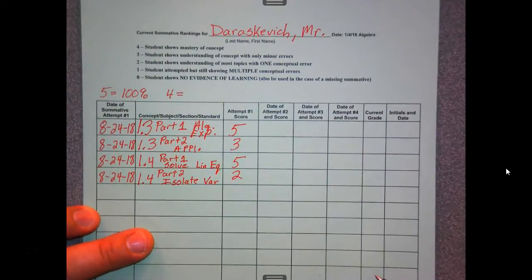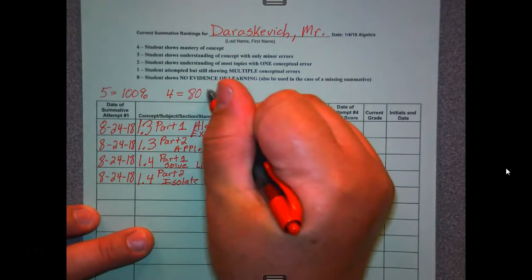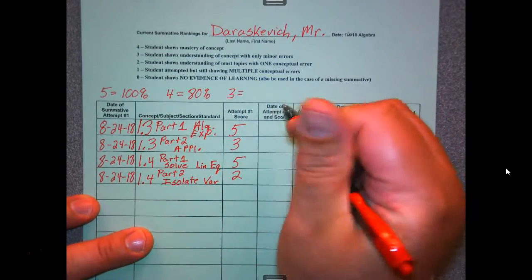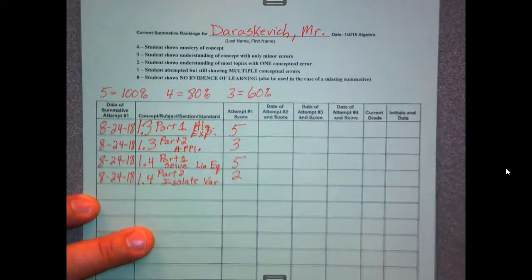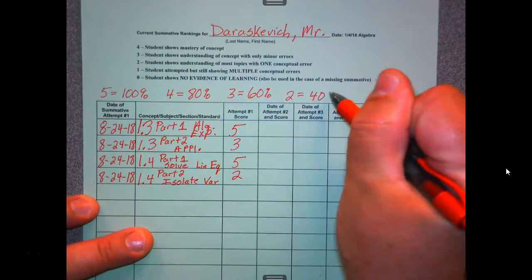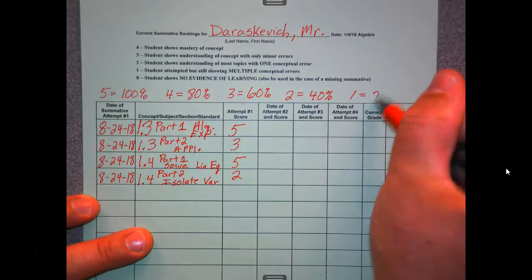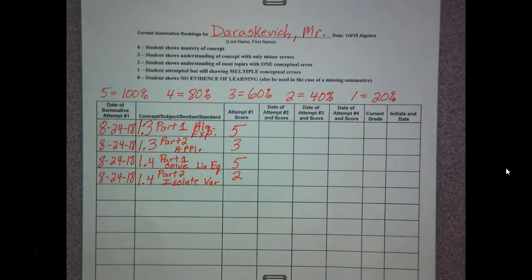Well, 4 would be 80%, right? What's a 3? 3 would be 60%. Times 20. A 2, 40, and a 1, 20%. You don't get zeros. The lowest grade you can get is a 1.